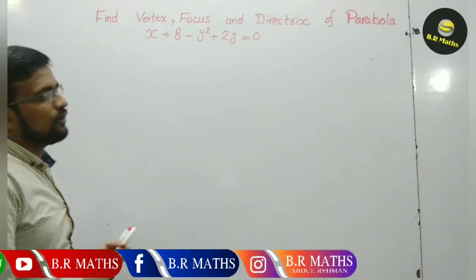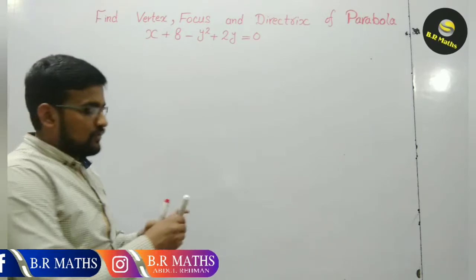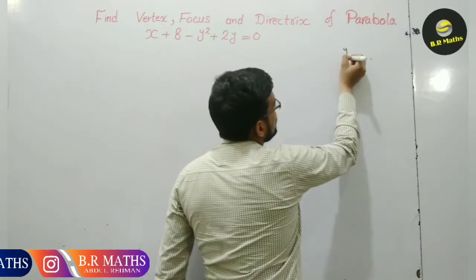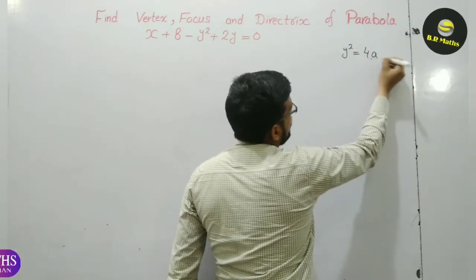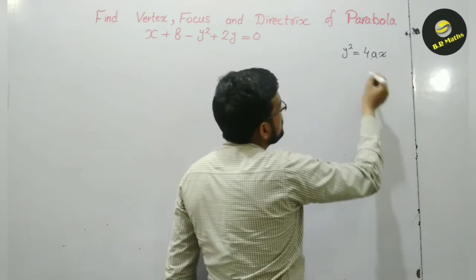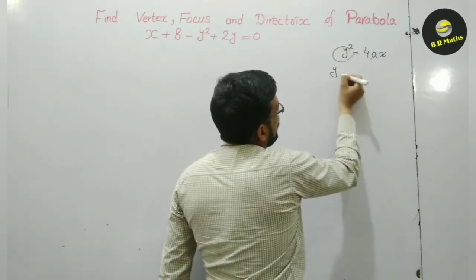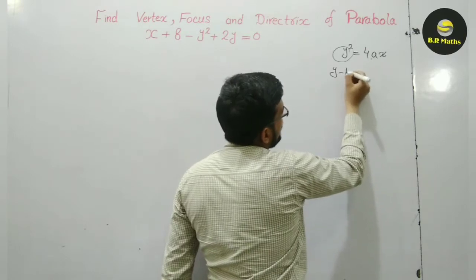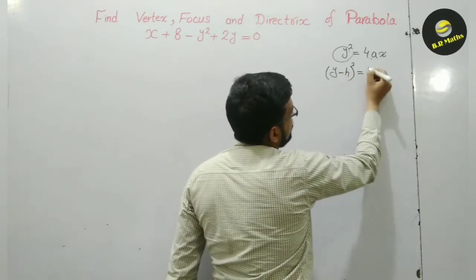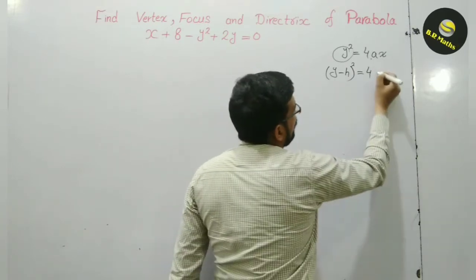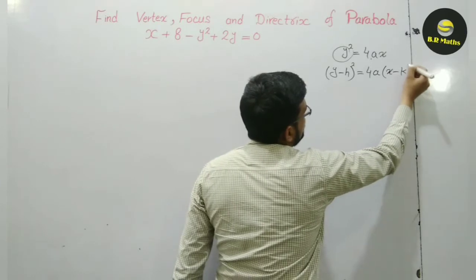First of all, you need to form y² = 4ax. It means you need (y - h)² = 4a(x - k).